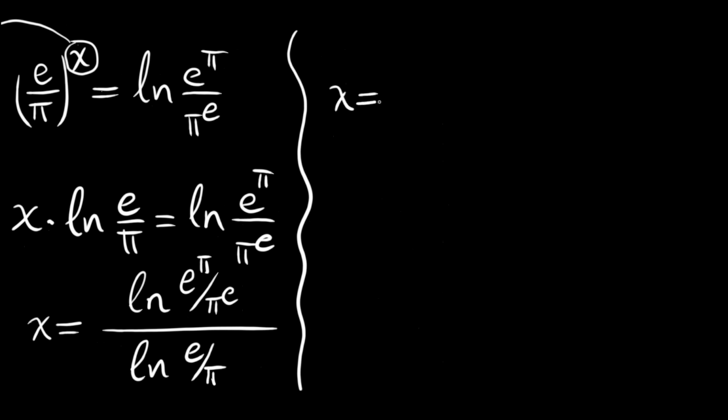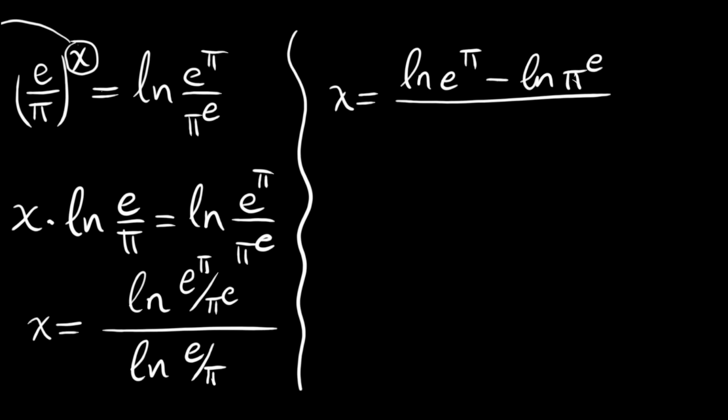And this is also equal to x is equal to ln e to the pi minus ln pi to the e, and the denominator is equal to ln e minus ln pi.